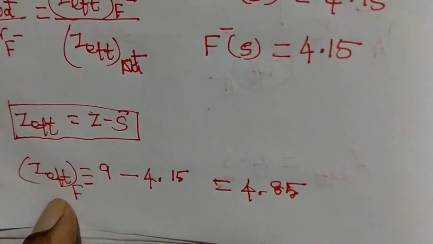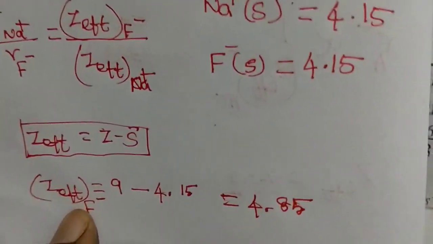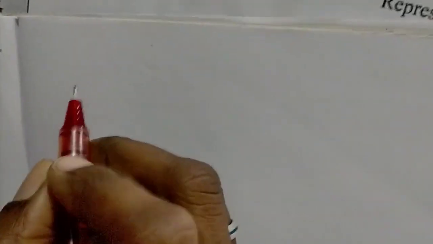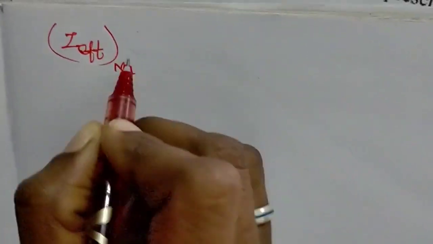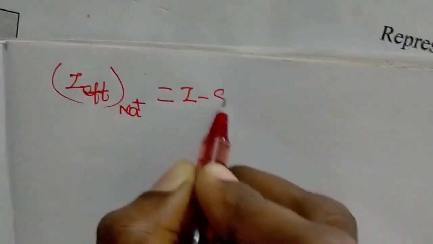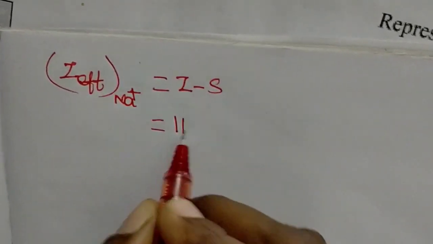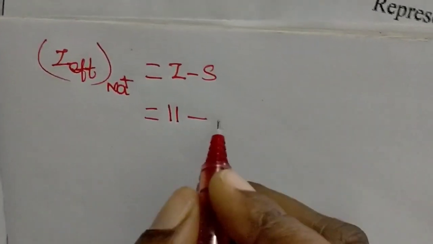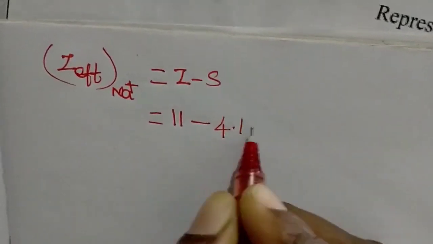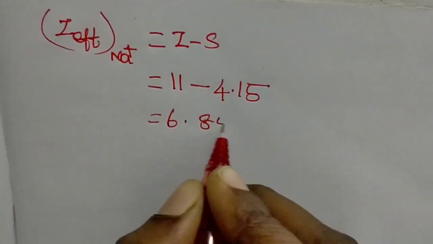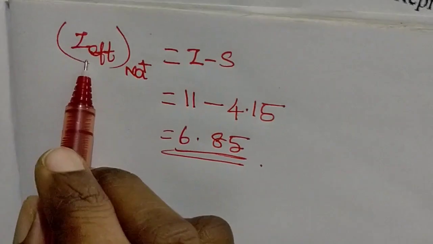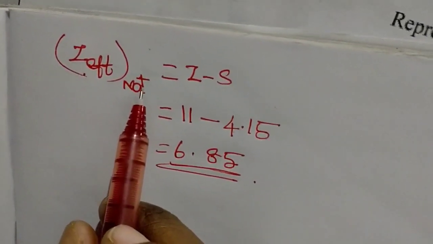This value is the effective nuclear charge of the anion, fluorine. Likewise, calculate the effective nuclear charge for the cation. Na+ is equal to Z minus S. The Z value is 11, the atomic number, minus the S value 4.15. Then subtract this 2. You will get the value 6.85. This is the effective nuclear charge of Na+.